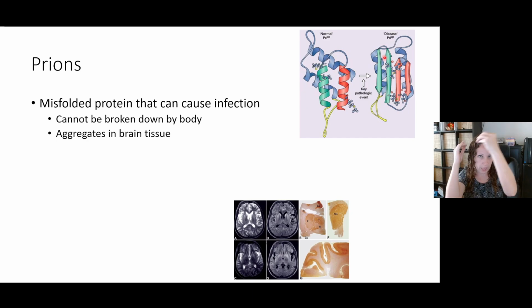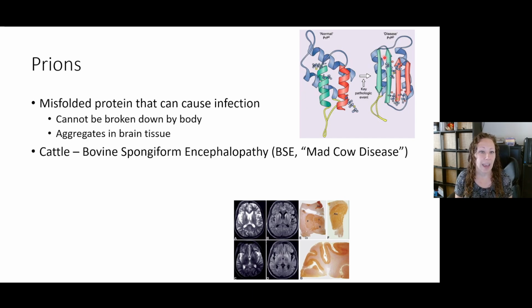And so it spreads in the area that it's at in your brain or your brain stem and accumulates and causes issues up to and including death. So in cattle, this is known as bovine spongiform encephalopathy when they have this. So BSE is the abbreviation, and the layman's term for this is mad cow disease.